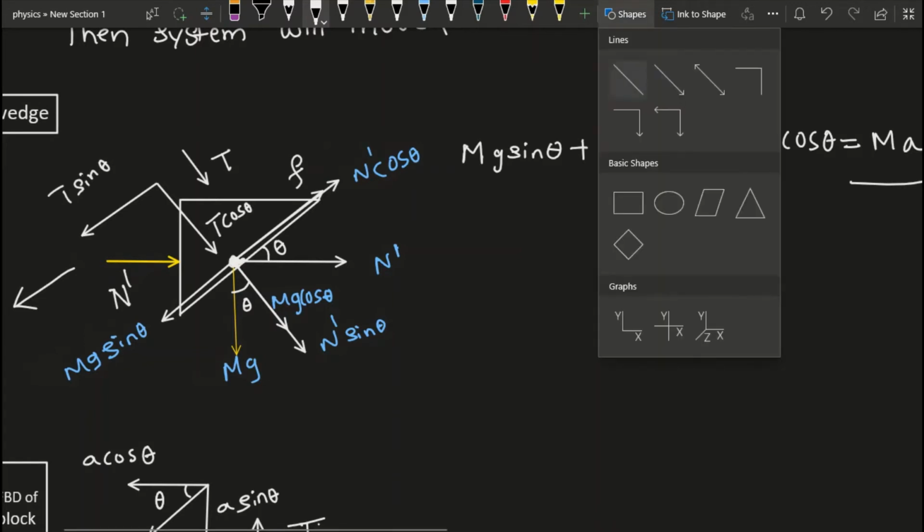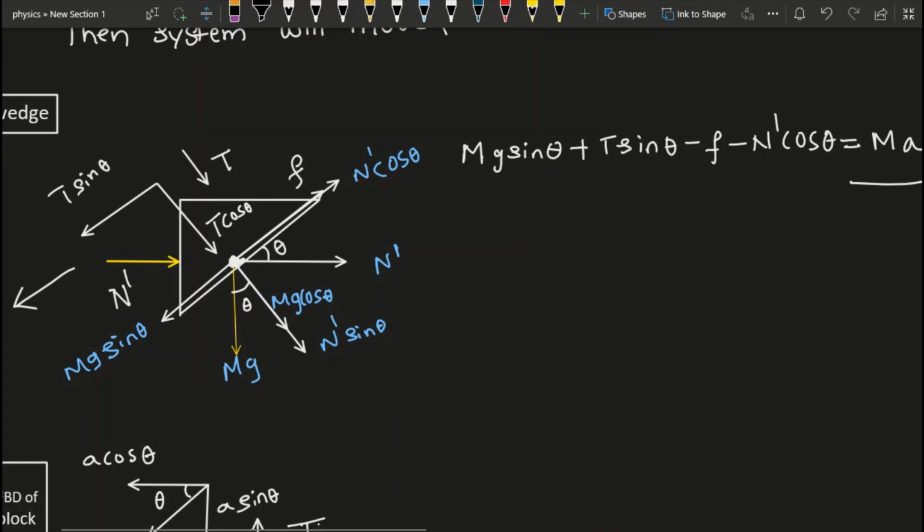There is another force also, the tension, which is acting in this direction, but in this direction we are having the normal force n also. So now we have to write another equation for this wedge. But there is no acceleration normal to the incline. So what we can do, we can equate all the forces and balance them. And see, these downward forces must be equal to upward force.